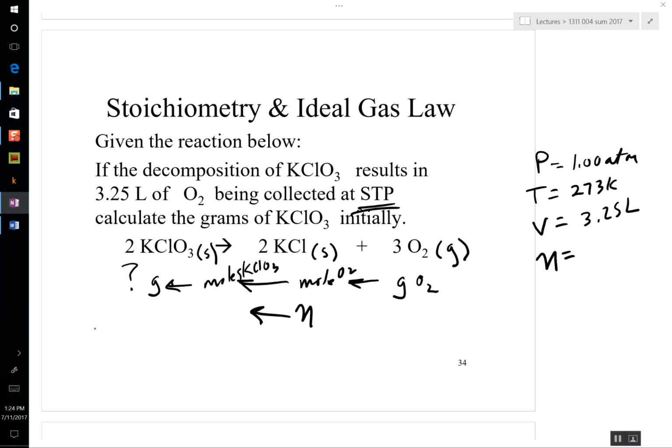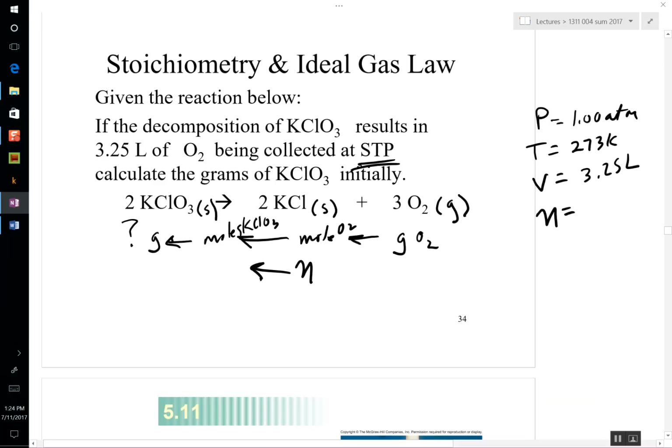Okay, so let's do this. The very first thing we need to calculate is how many moles of oxygen this is. PV equals nRT, so n equals PV over RT.